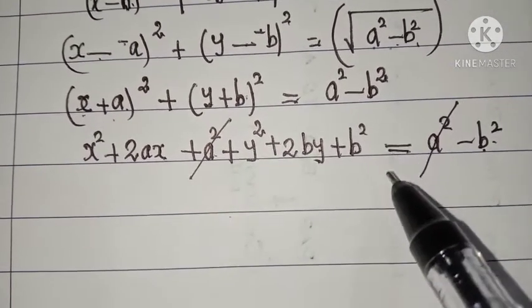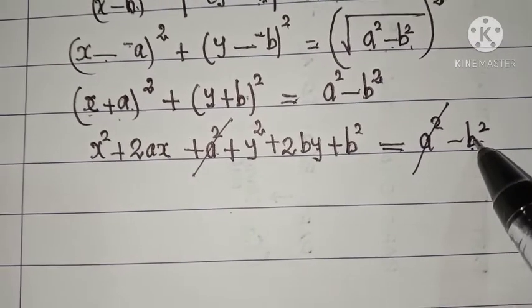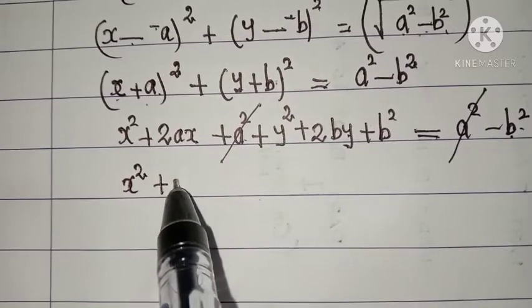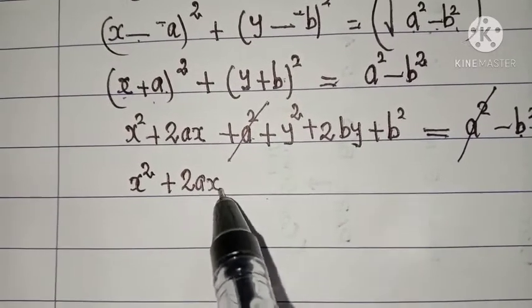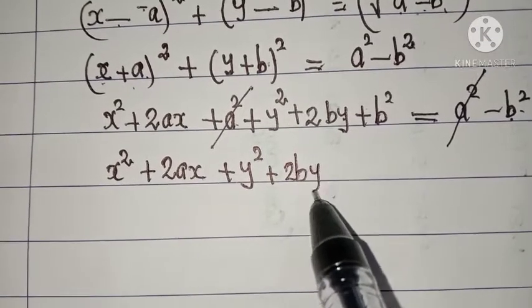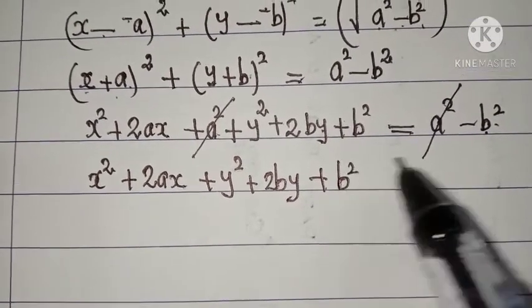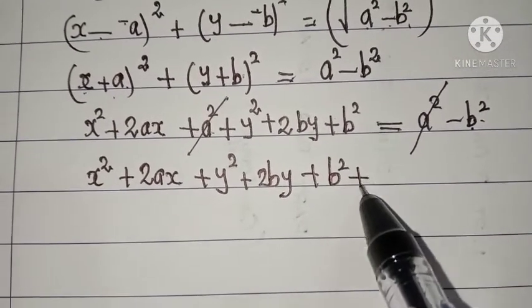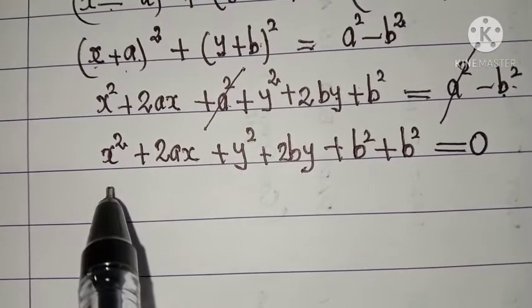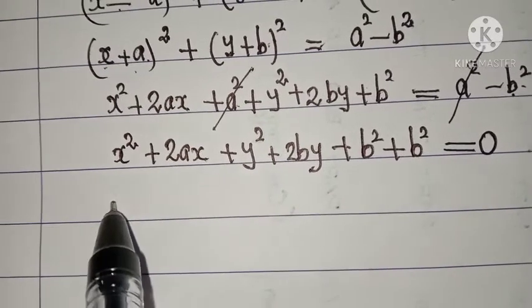So in the next step take this minus b square to the left side. So this becomes x square plus 2ax plus y square plus 2by plus b square plus b square equal to 0. Now rearrange the terms.